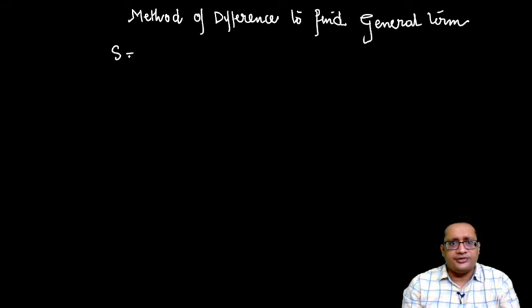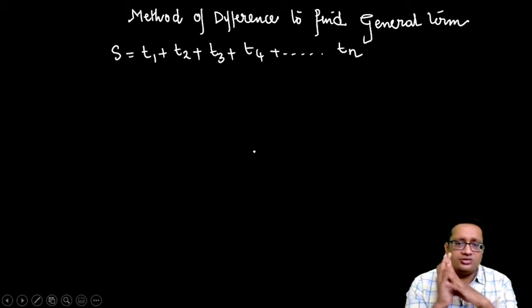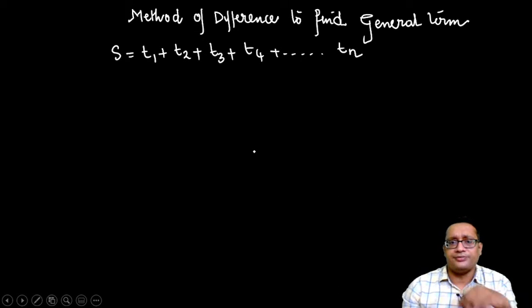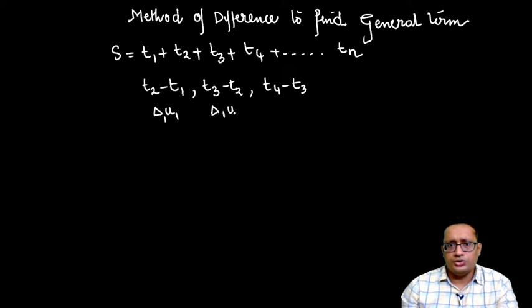Let us consider S is equal to t1 plus t2 plus t3 plus t4 up to tn. If we see this series, we come to the conclusion that the successive term differences, t2 minus t1, t3 minus t2, t4 minus t3, I am writing as delta 1 u1, delta 1 u2, delta 1 u3.